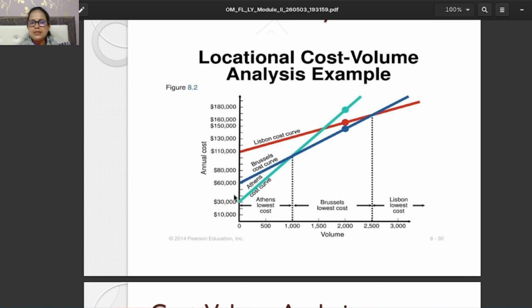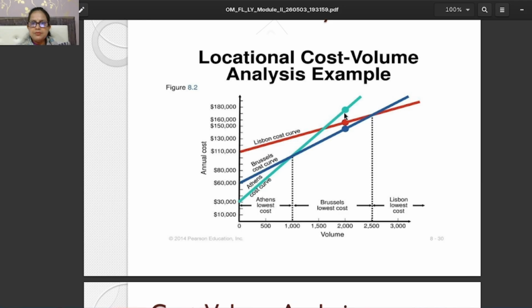One point at 30,000, and one point at 1,80,000 on 2000. If you plot a graph here, this is 2000. If we are producing 2000 units, then our total cost is 1,80,000.